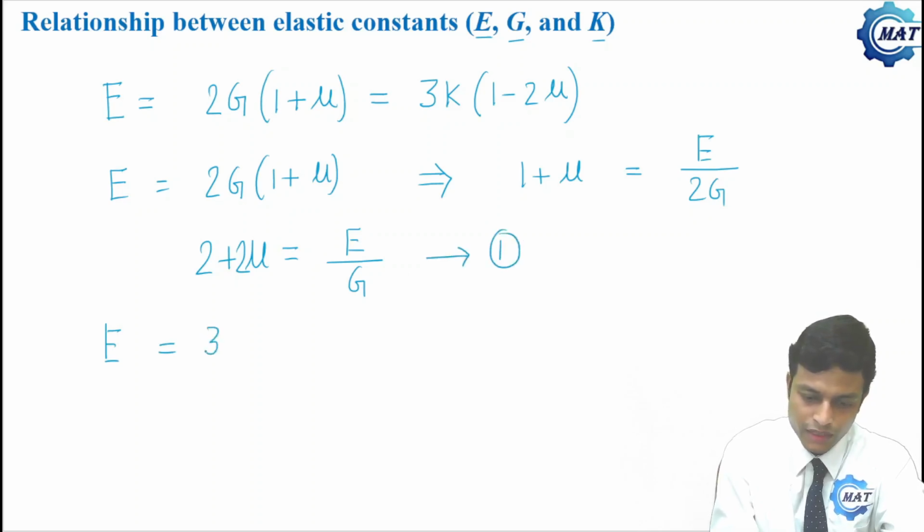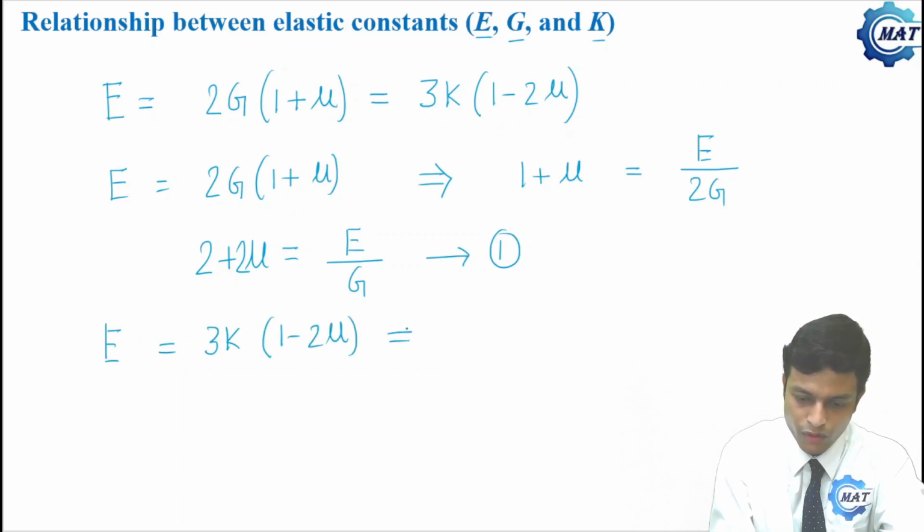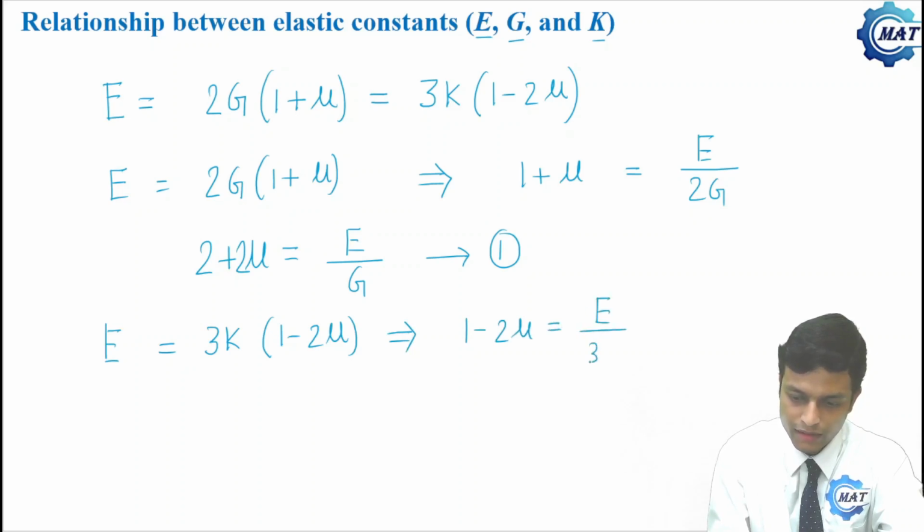E equals 3K(1 minus 2 mu). From this we can write 1 minus 2 mu is E by 3K, and say this is equation 2.